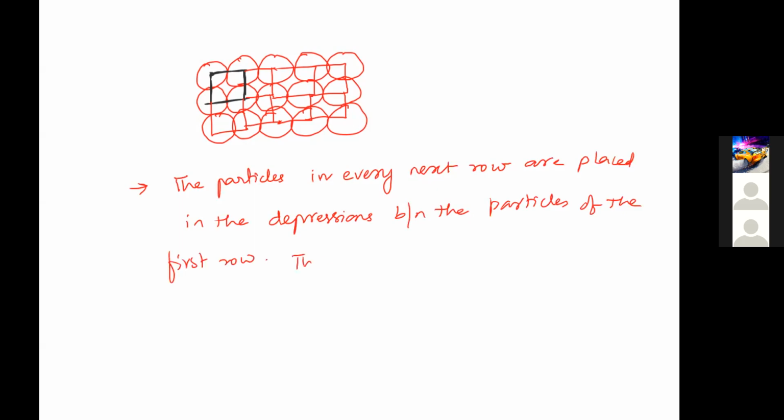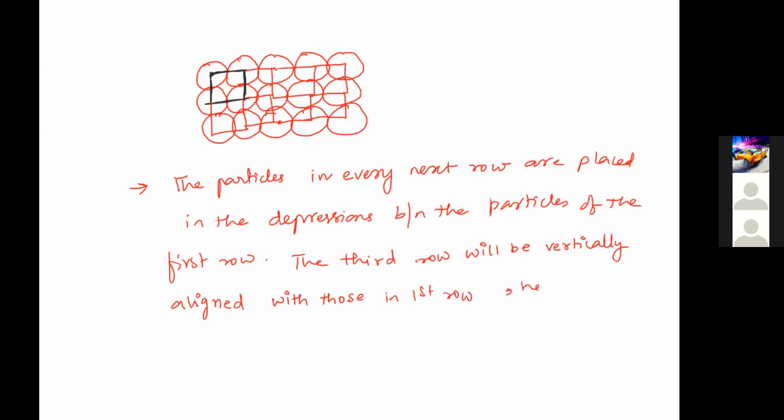So the third row will vertically align here. The third row will be vertically aligned with those in the first row. This is called hexagonal closed packing, which is very important.